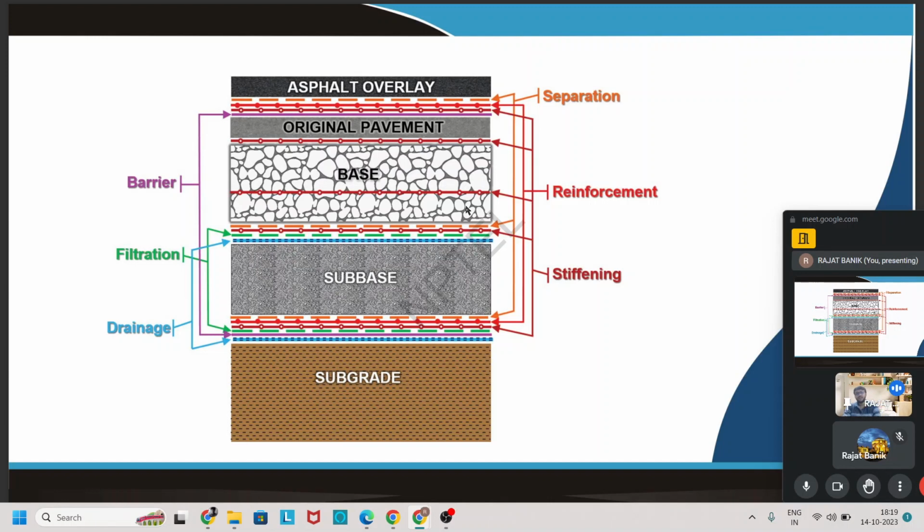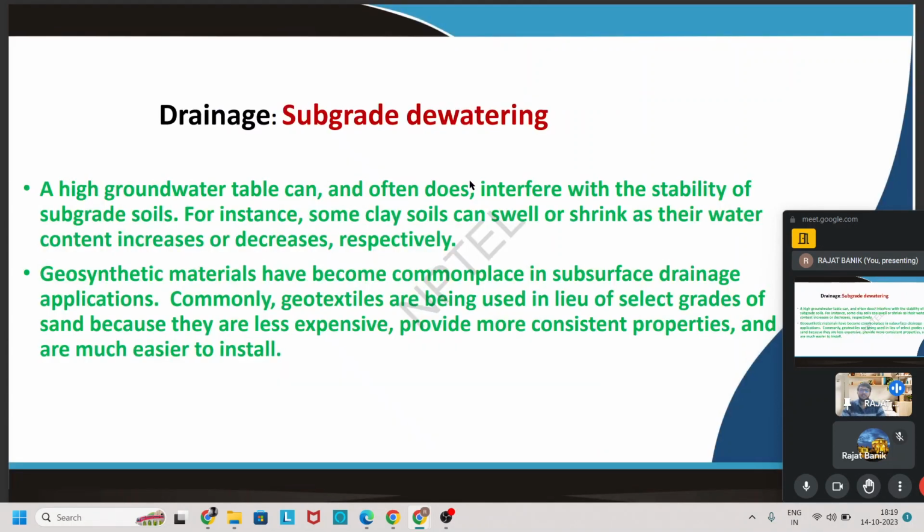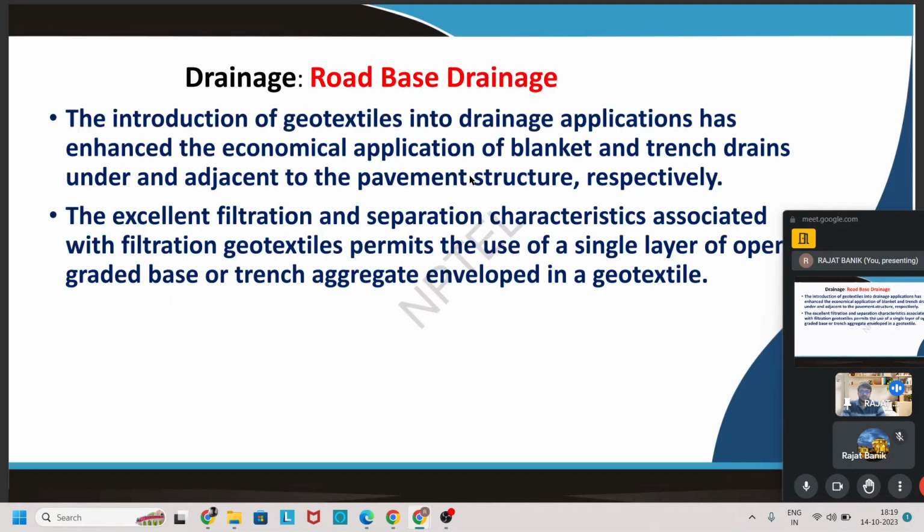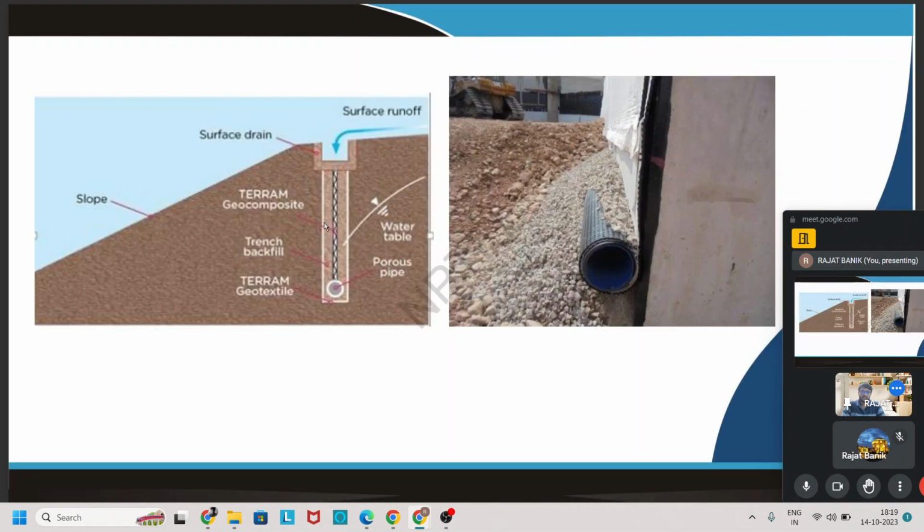You can see that geosynthetic material is used as a barrier, for filtration, drainage, stiffening, as a reinforcement material, and as a separator for pavement purposes. It can also be used for drainage, for dewatering the subgrade. In the figure, a prefabricated perforated geosynthetic pipe collects the water and expels it from the slope so the slope gets stable.